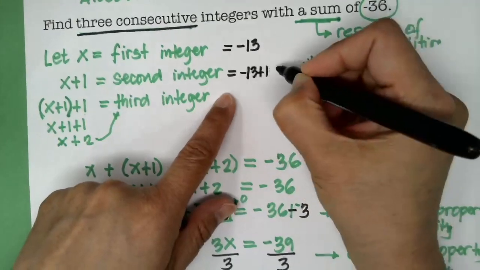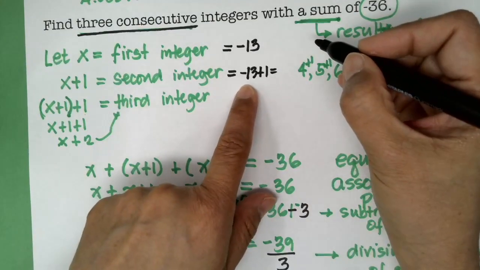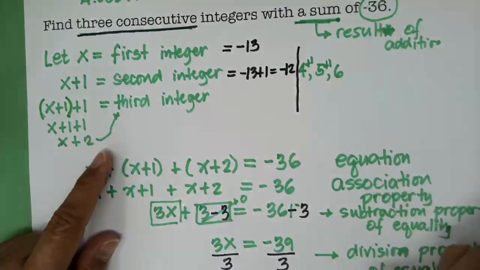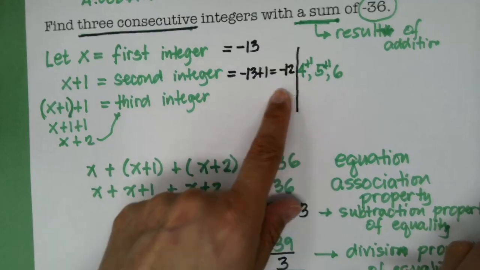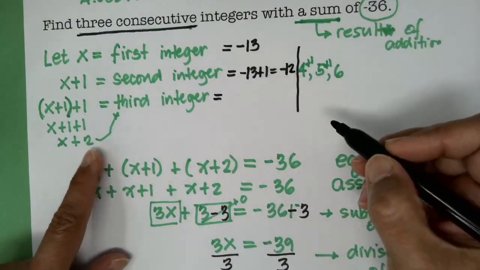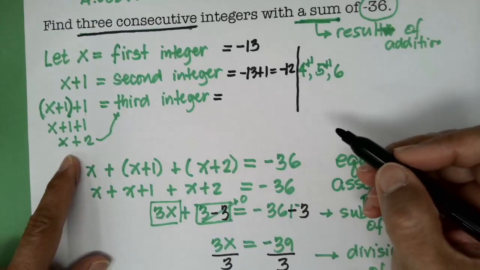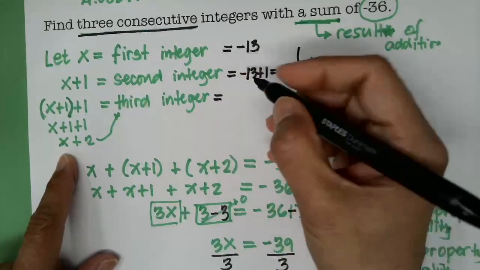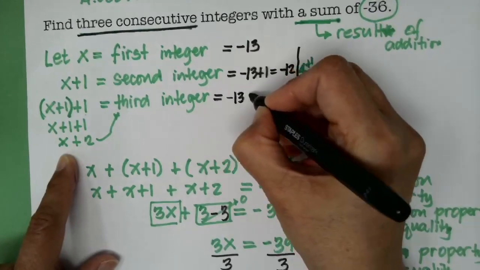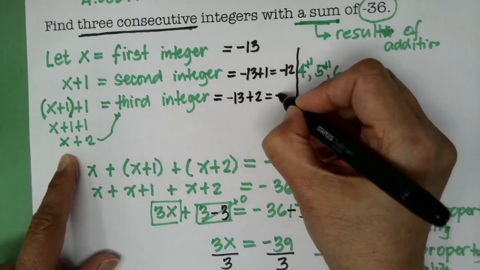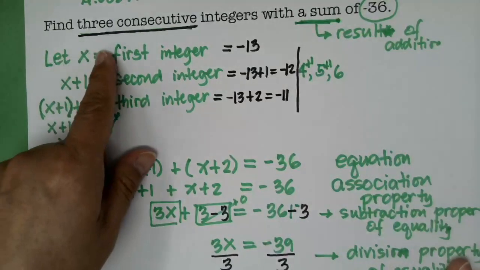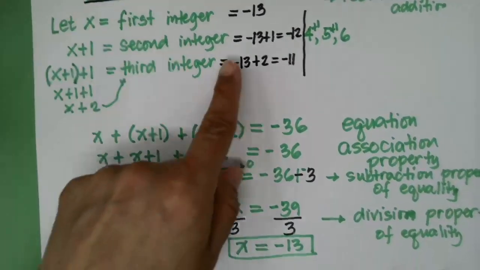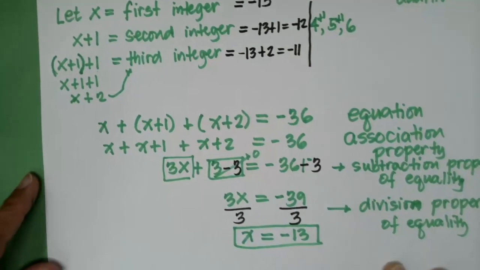Then plus 1, negative 13 plus 1 is negative 12. So the second integer is negative 12. So what's our third integer? The third integer is represented by x plus 2. So x is negative 13, and then plus 2, that's equal to negative 11. So we now have the three consecutive integers, namely negative 13, negative 12, and negative 11.